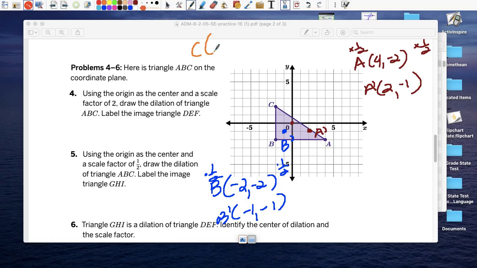C is at -2, 2 left and 2 up. There's your point. Multiply that by a half, and we're going to get -1, comma 1. So 1 to the left and 1 up. And there's your triangle. But with half, all the dimensions are half the original.